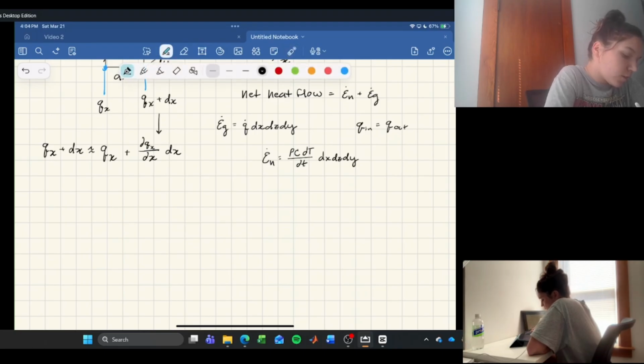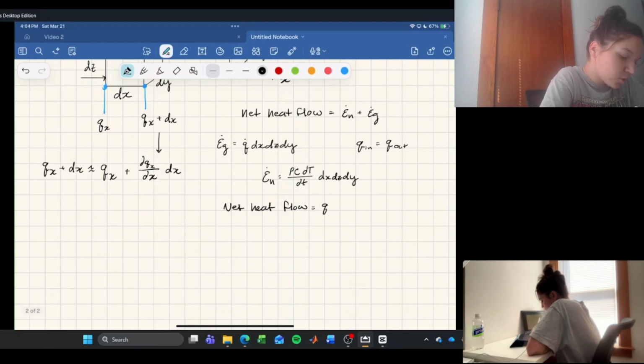where the net heat flow is the heat flowing in, which is Qx, minus the heat coming out, which was the right side term.